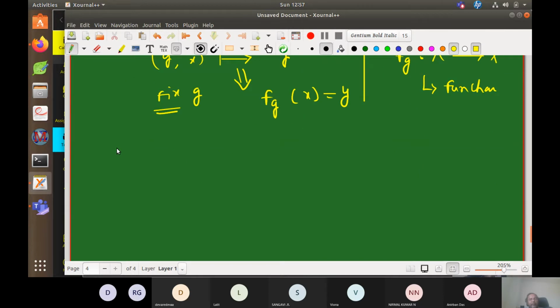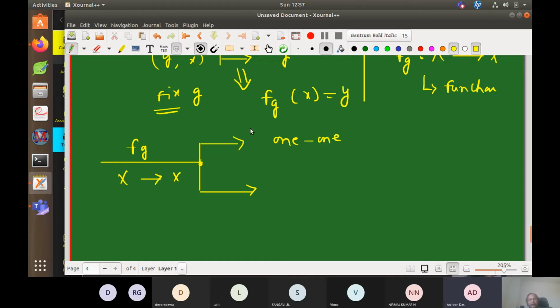So now what are the natural questions coming to you at least, related to F_g? F_g is a map from X to X. What questions are you getting? I'll put more arrows if you get. Injectiveness, surjectiveness, bijectiveness.